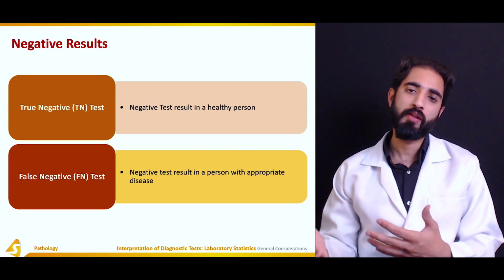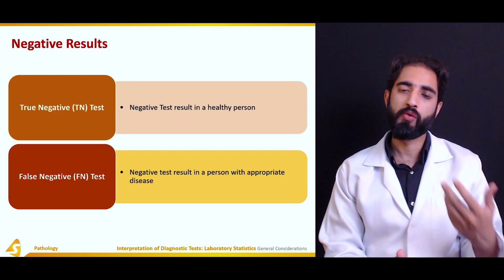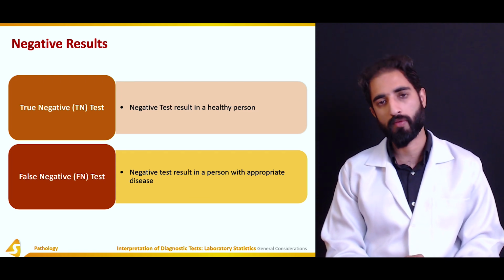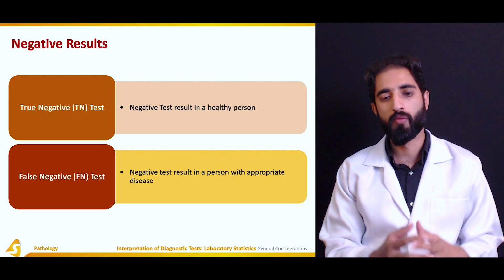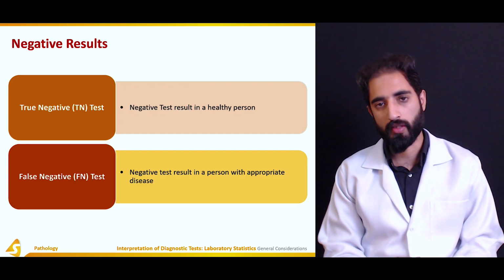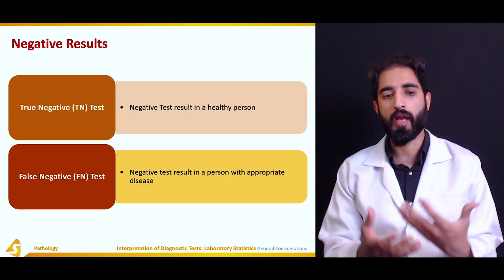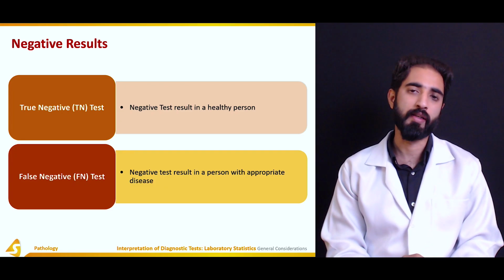Similarly, on the other side, we can also have true negative and false negative test values. A true negative test would be a negative test resulting in a healthy person, which is the right form of negative test.